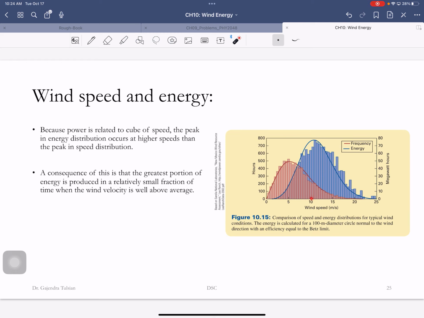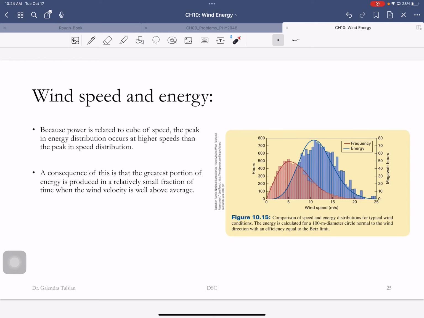When the wind speed is twice as much, the power is 10 times as great. So even though it's only blowing for 200 hours at 10 meters per second, that's when you're getting most of the energy. So most of the energy is produced at high wind speeds, which is only for a few hours.